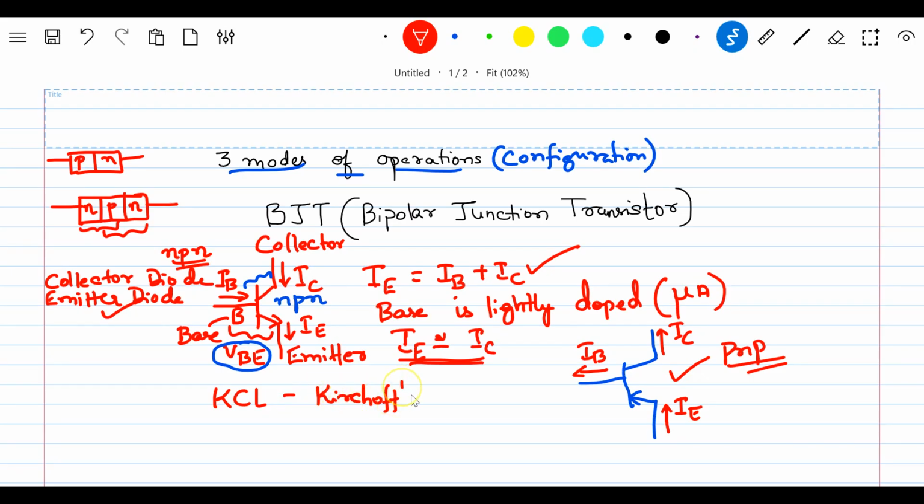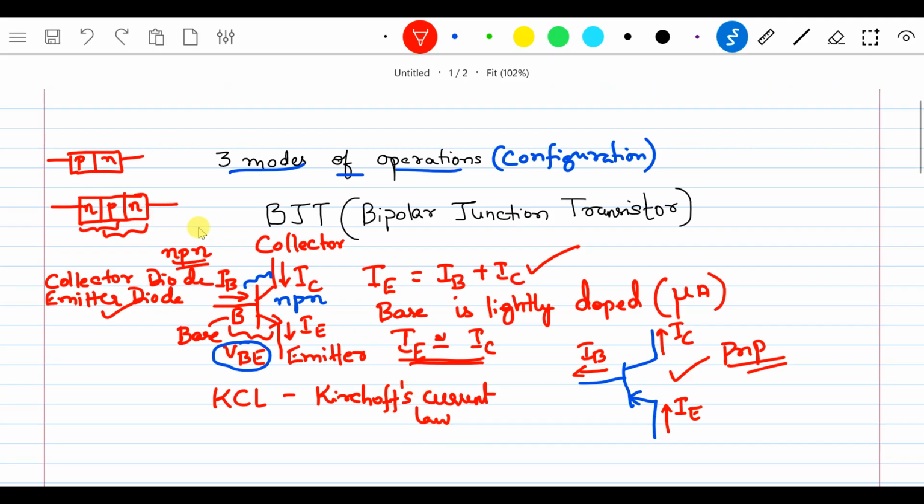Kirchhoff's current law says the summation of current entering the node will be equal to the summation of current leaving the node.